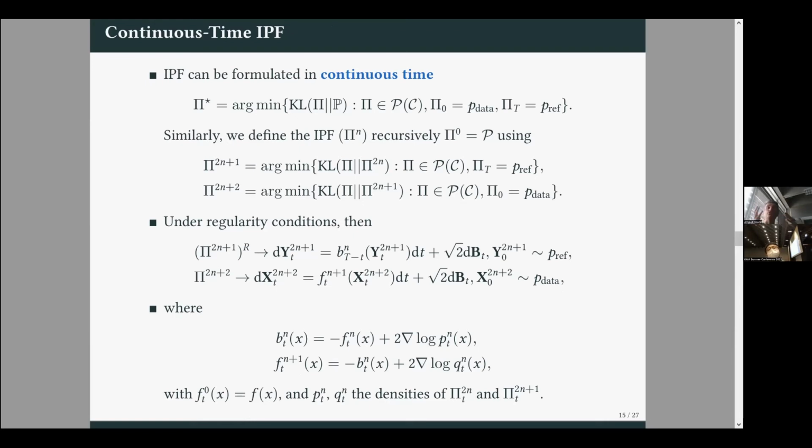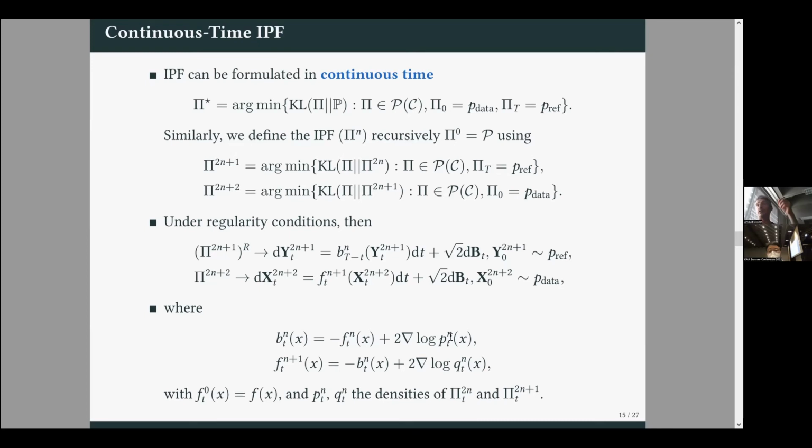So really what you have is that at odd iterations, you have a kind of backward diffusion that is initialized at the Gaussian distribution. On even iterations, you have essentially a forward diffusion, which is initialized at the distribution of data.